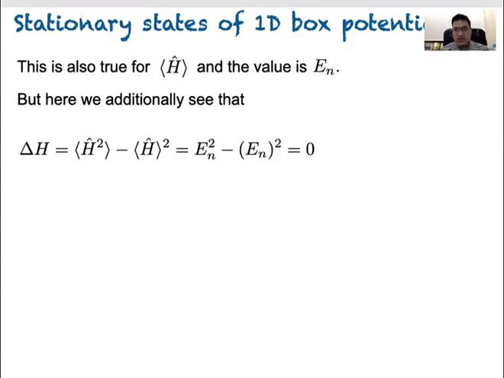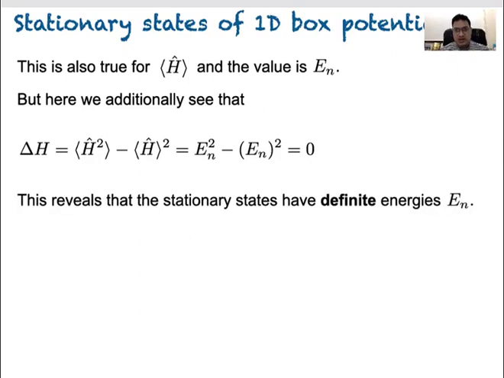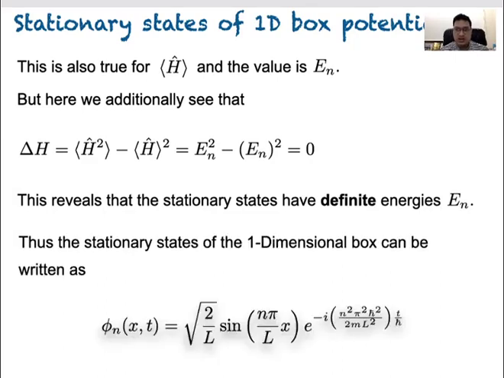But what is the meaning of this statement? That the stationary states have a definite energy, and there is no uncertainty associated with En. Thus the stationary states of the one-dimensional box for a time-dependent wave function can be written as phi n of x and t equals phi n of x times e to the power minus i E n t over h cross.